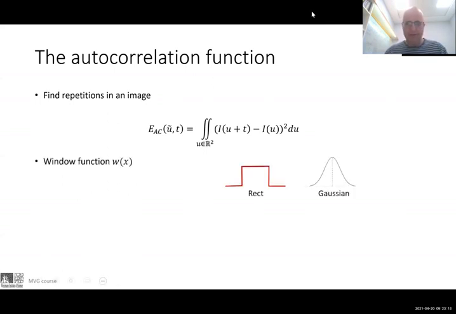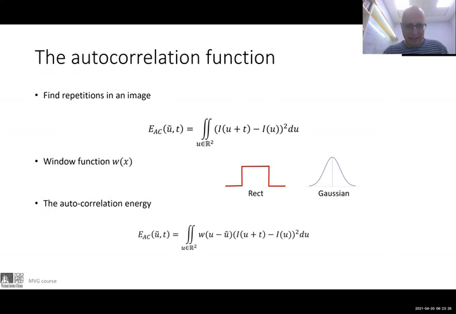We can use a rect function or a Gaussian, and we simply modify the integral that we saw before by multiplying every element by the window function.